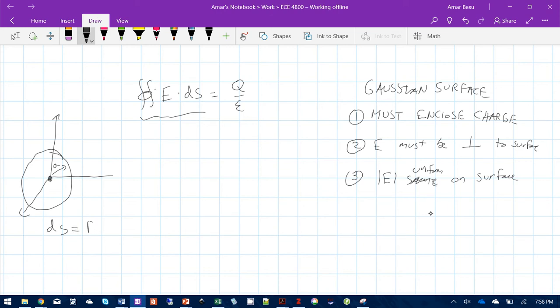It's going to be r hat, r squared sine theta d theta d phi. Got it.